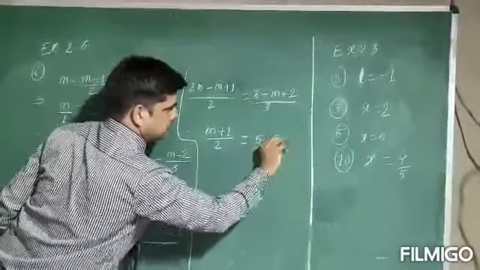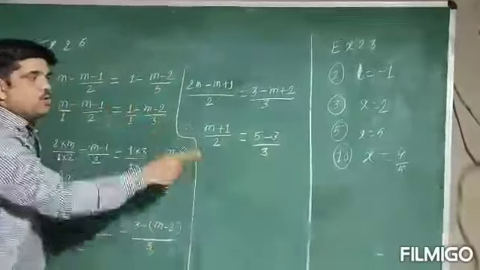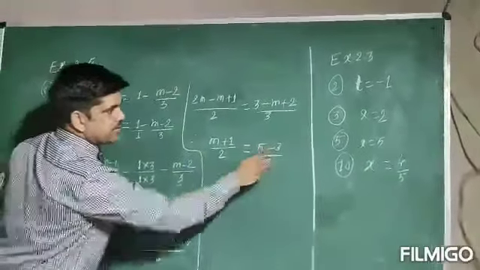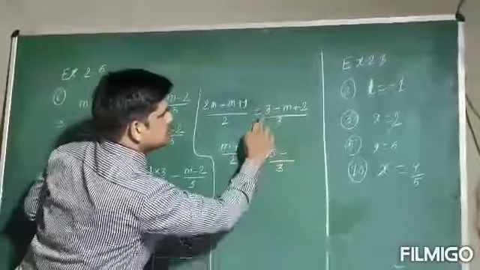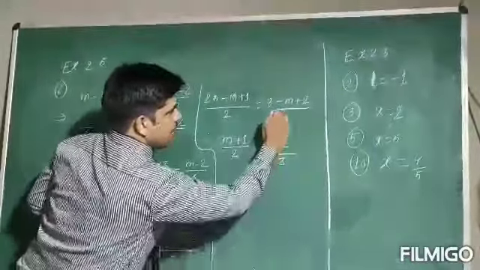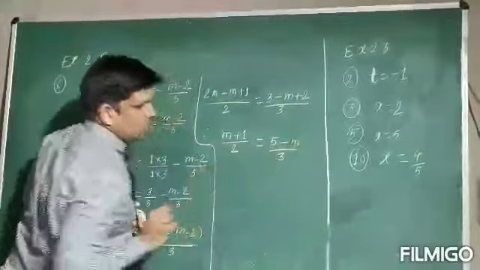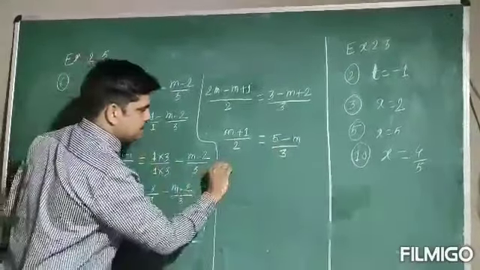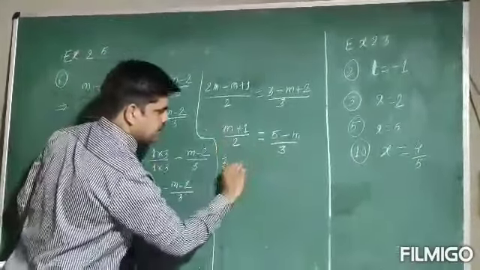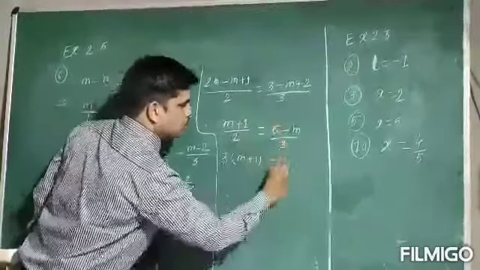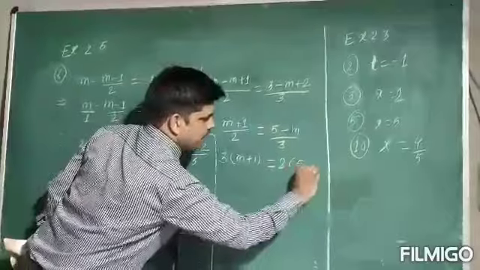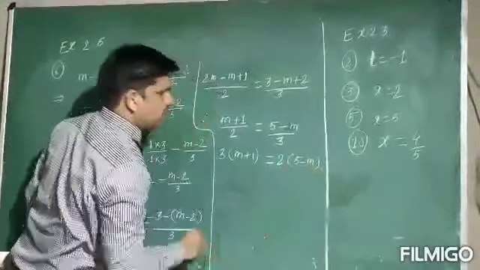Next, now we have to do cross multiplication. Before that we can solve this. One m is left here, this is 3 plus 2, 5, and minus m. Now cross multiplication, 3 will multiply to this, so 3 in bracket m plus 1 is equal to 2 into bracket 5 minus m.